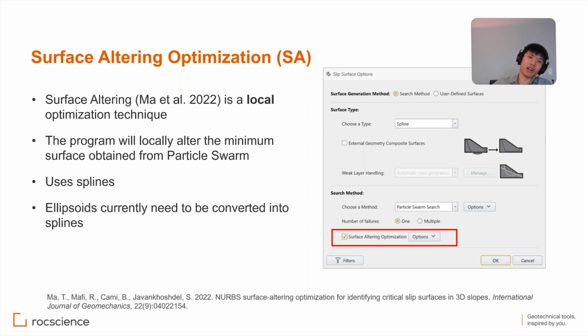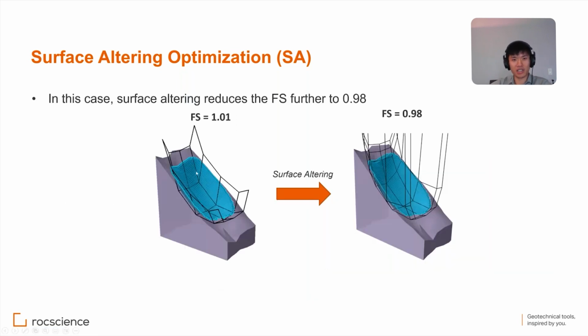So we've been using splines in Slide 3 ever since it was released. It's just that now we're improving the surface type options to include splines right off the bat. So now your search will be a lot faster and a lot more reliable as well. In this example, altering it further reduces it a little bit, maybe to about 0.98.